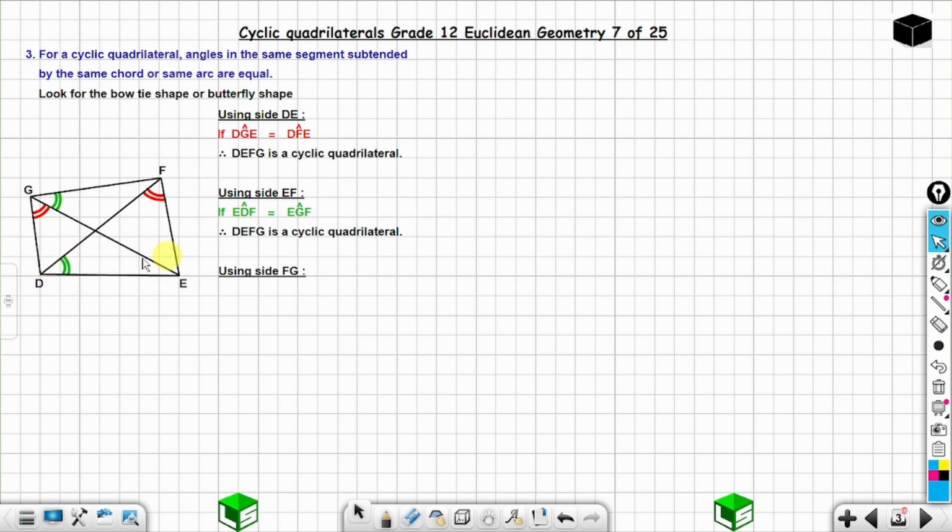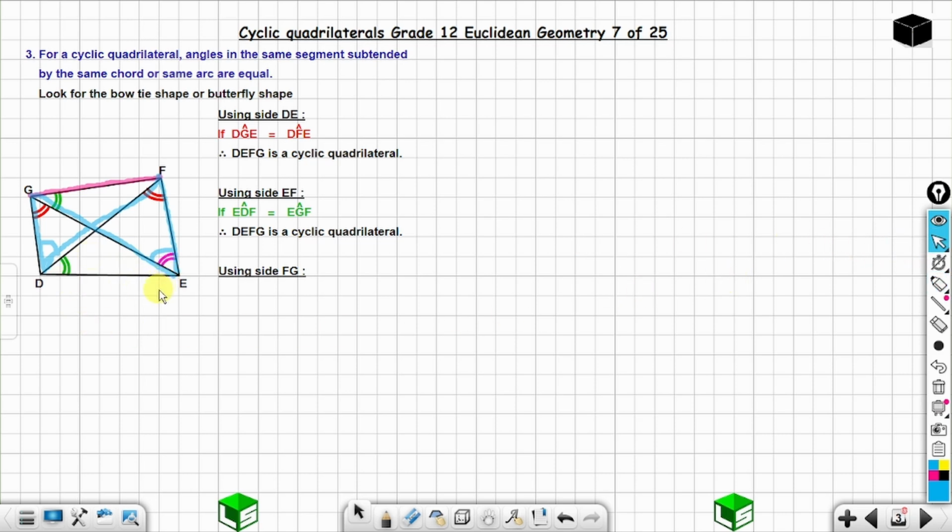The two angles are subtended by the same side or the same chord if you have a circle drawn around touching all four corners. Using this side or this chord, you have to prove that this angle is equal to this angle.